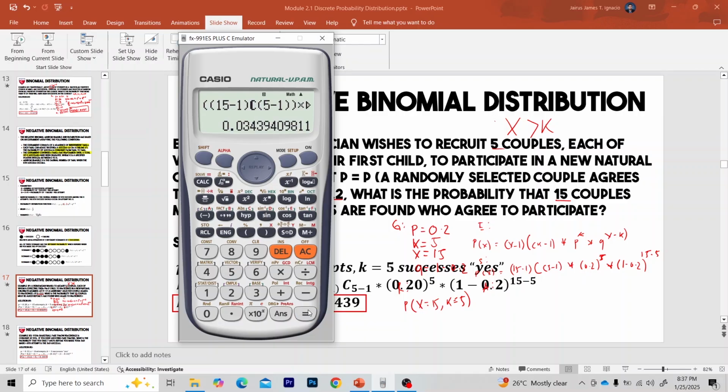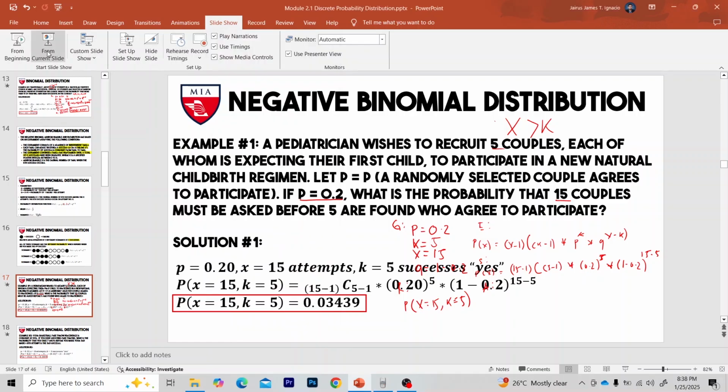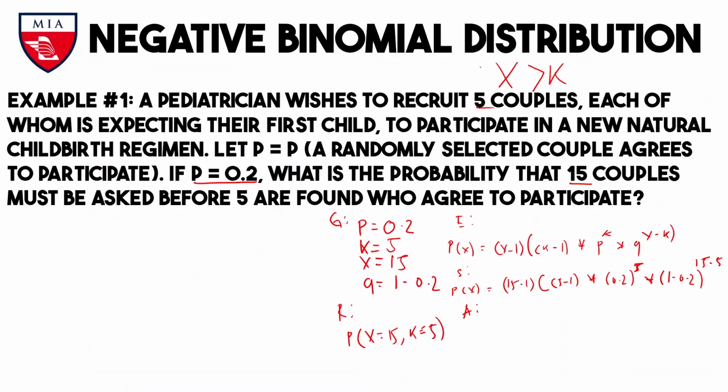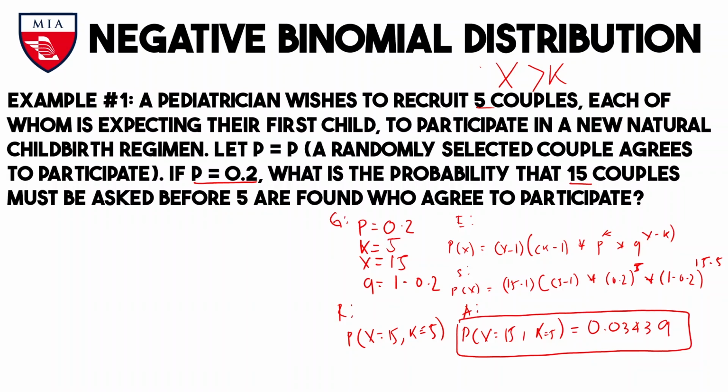So we have an answer of 0.03439. Okay, so the probability of x equal to 15, k equal to 5, is equal to 0.03439. That's how we answer a negative binomial distribution problem.